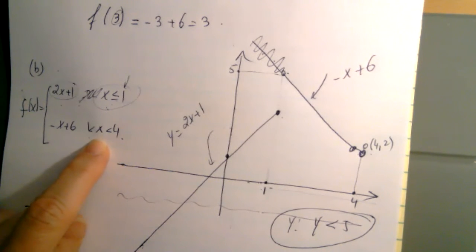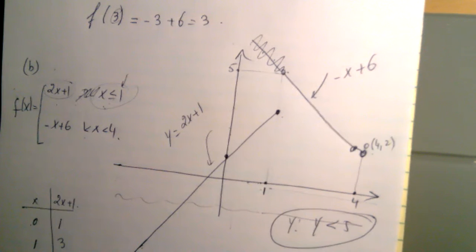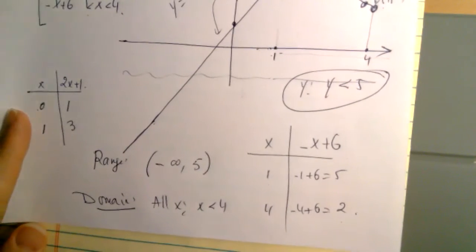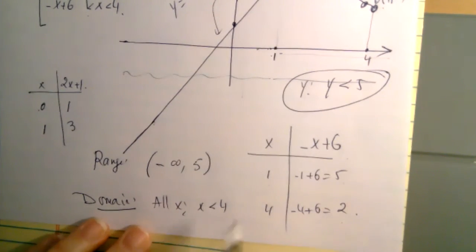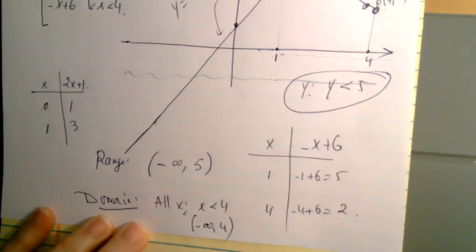I gave you no rule for something bigger than 4. So you cannot give me an output. And that's really how my function is. And for the domain, we could use the interval notation too. This is from negative infinity to 4, open at 4. Okay.